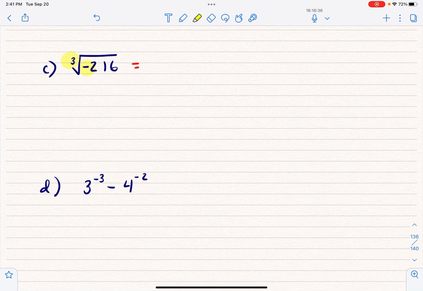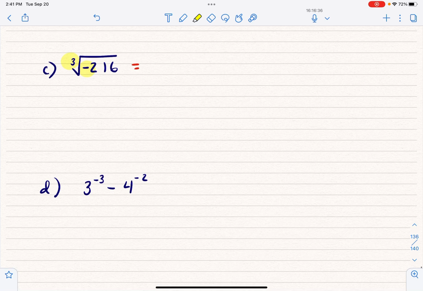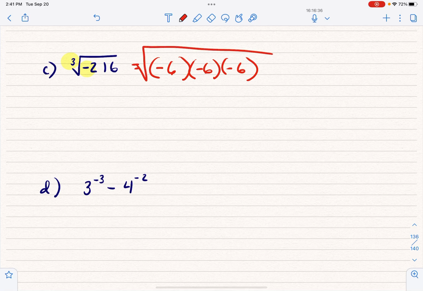Okay, so all we're doing is just looking for what number times itself 3 times gives me 216. And it would be negative 6. Let's see here. Negative 6 times negative 6 times negative 6. Okay, and so that would then mean I've got 1, 2, 3 of them. So it can come out as a negative 6.